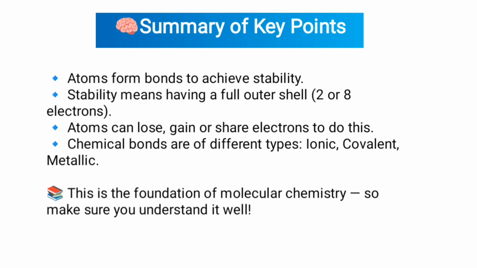Chemical bonds are of different types, like ionic, covalent, metallic. But dear student, this is the foundation of molecular chemistry, so make sure you understand it well. This is a general introduction to this chapter, structure of molecules. I hope you understand it well.